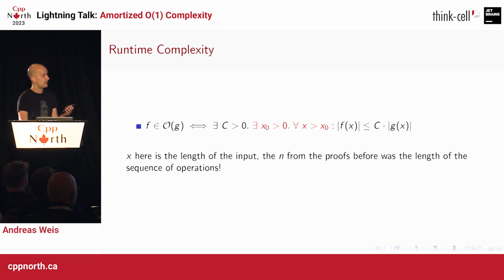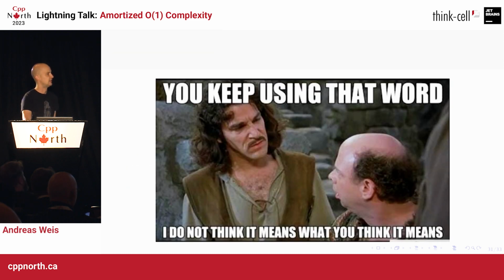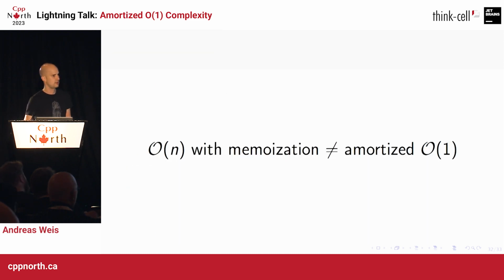Well, unfortunately, when the standard refers to asymptotic, it refers to the length of the input. But for the amortized analysis, I still need the upper bound to hold for all possible sequences of operations, including the ones that only contain a single operation. So yeah, despite what the standard says, those 2 are actually not the same. Thank you.